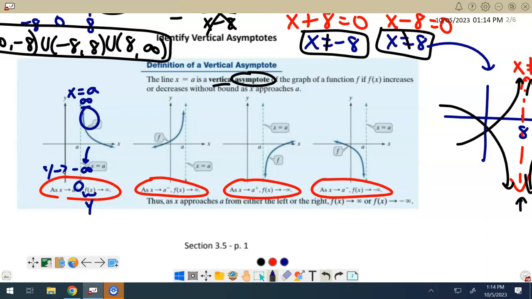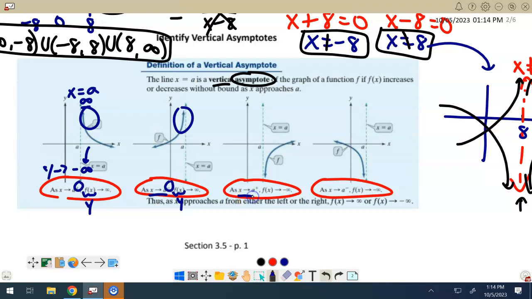So that's how you interpret that notation. This one, as x approaches a from the left-hand side, because there's a negative sign there. So as the graph is approaching that vertical line from the left, the y values are increasing, the graph is heading up, which is what we see happening here. So as the graph approaches that vertical line, it's heading up. That's how you interpret that.